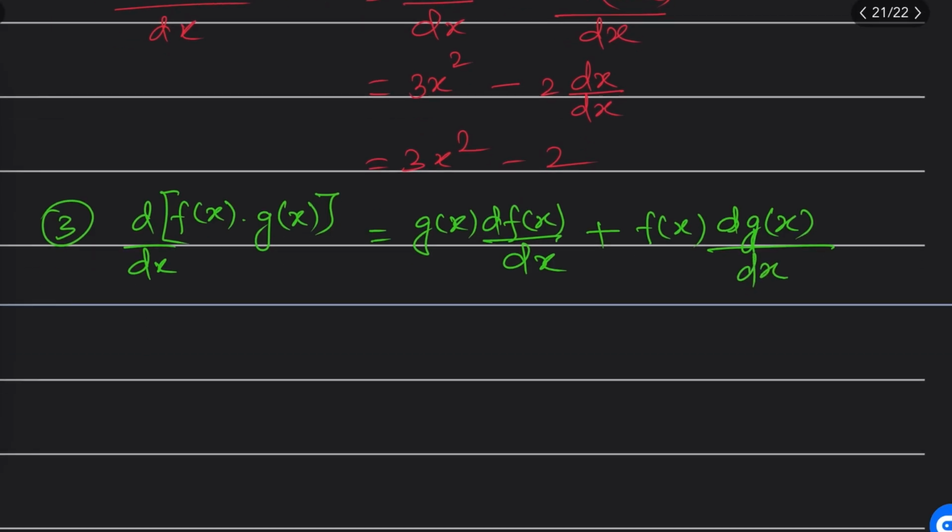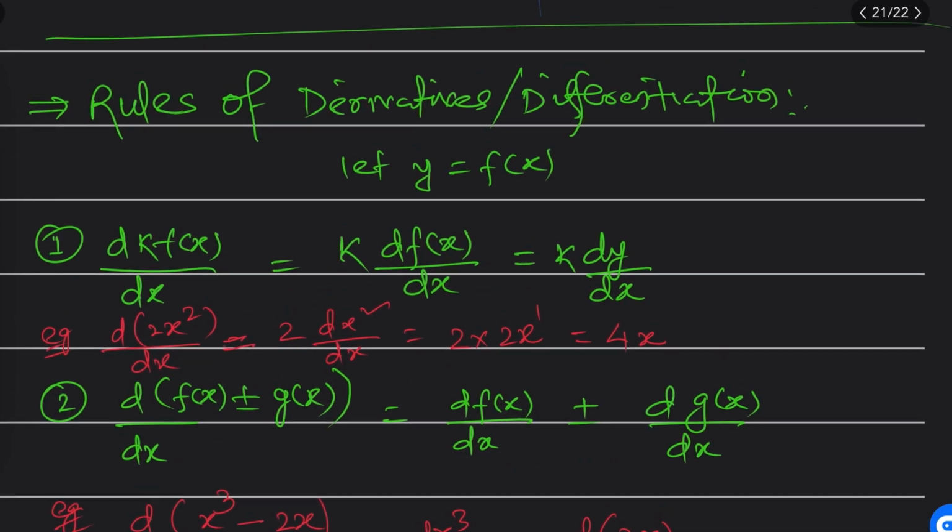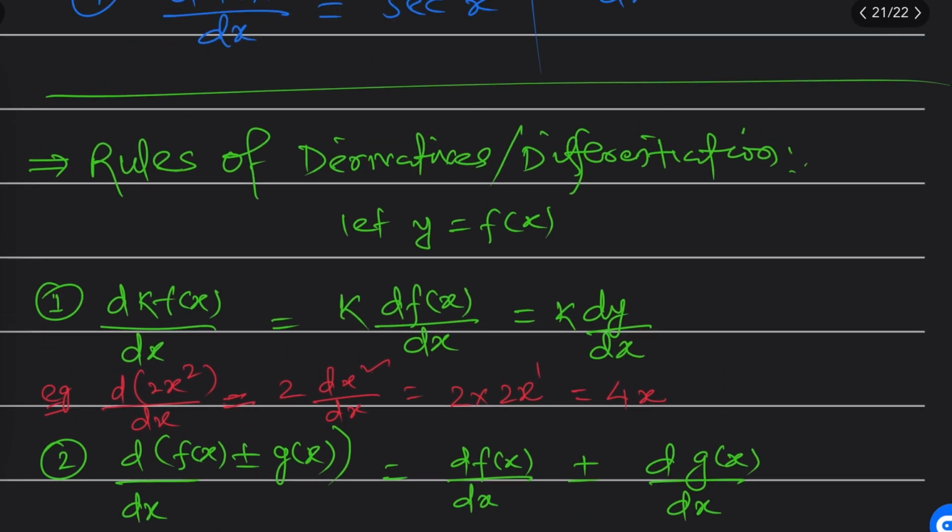This is also known. See, one more thing you should keep in mind: if I am saying f(x), sometimes it is also y or u. Now g(x) I am saying v. This is f(x), I am saying u, and g(x) v. These are just symbols, don't get confused.